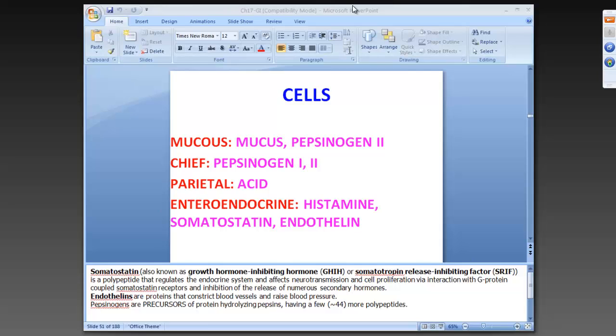The endothelins are proteins that constrict blood vessels and raise blood pressure, and pepsinogens are precursors of the protein-hydrolyzing pepsin. All right?